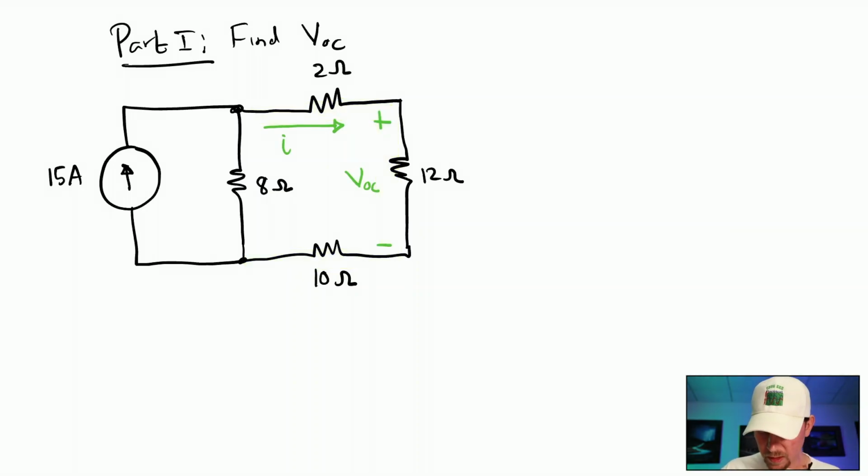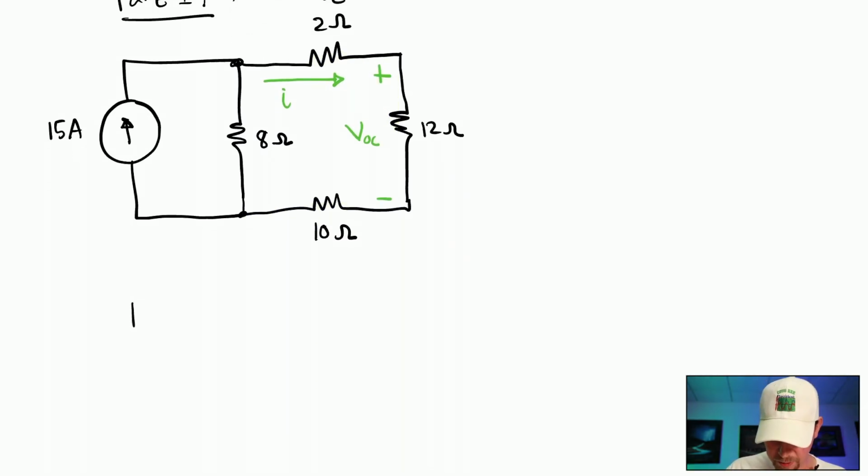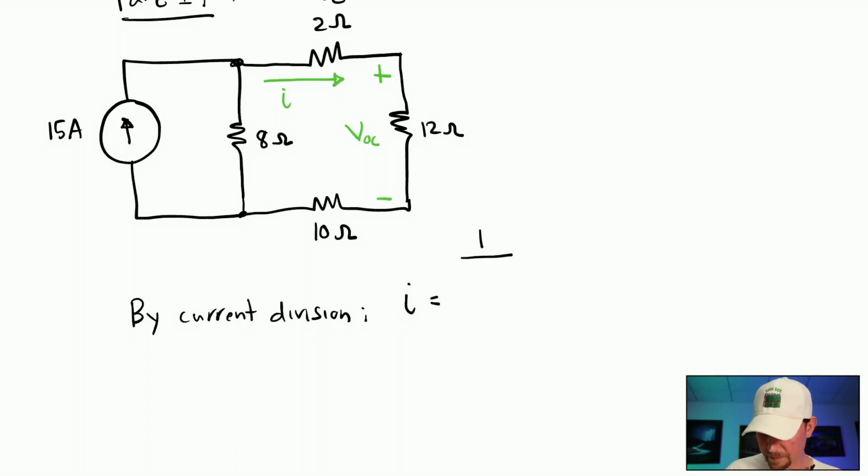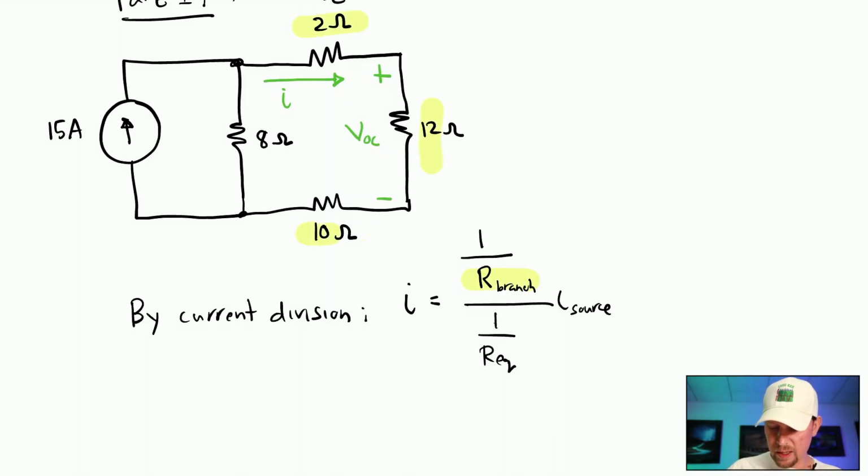So here, one of the things that I can say is, by current division, the current I is 1 over the resistance of the branch where the current exits, divided by 1 over the equivalent resistance of the entire network, times the current of the source. Keep in mind that the resistance of the branch is the series resistance of all 3 of those resistors put together.